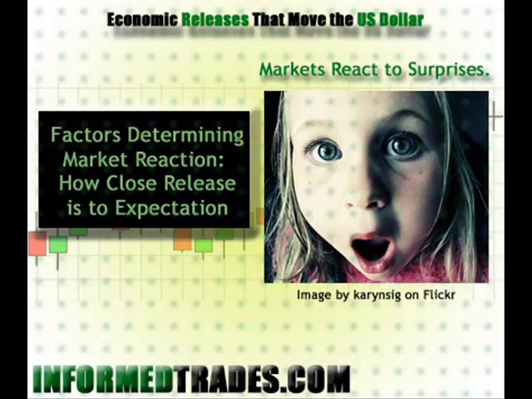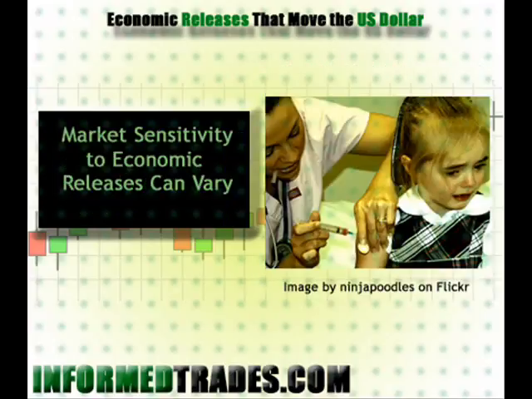Remember that markets anticipate news, so generally, if an economic release comes out as expected, there is very little, if any, market reaction to that release. How important the market considers a particular economic release to be is something that changes over time depending on what is happening from a US dollar fundamentals standpoint.